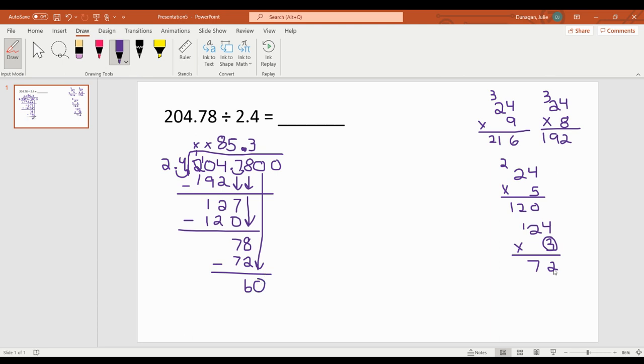Well, we know 72 is too high, so I'm going to see what 24 times 2 is. I know that 24 times 2 is 48. 2 times 4 is 8. 2 times 2 is 4. So we're going to use that, 48.